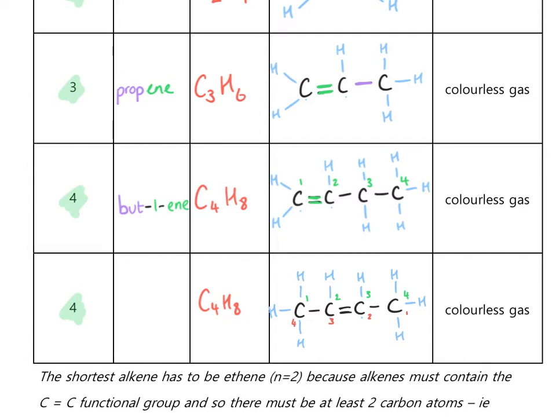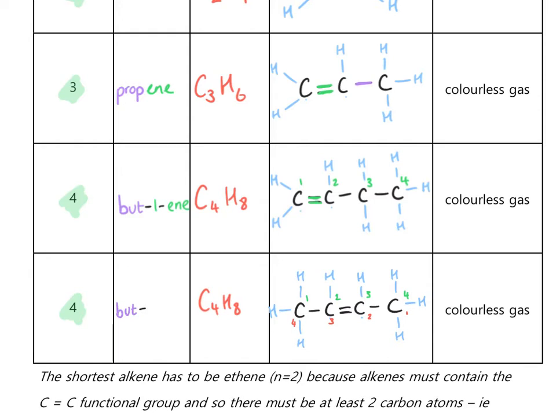So let's try and name it now. Again, the start of the name is always determined by the length of the chain. Because we've got 4 carbons in the chain, the start of the name is but. Then we put a dash, and then we want to put the number of our functional group. As we said, the functional group is between carbon 2 and carbon 3.